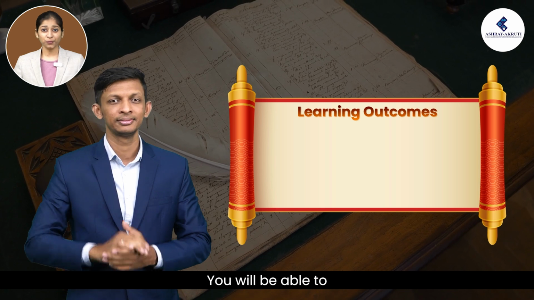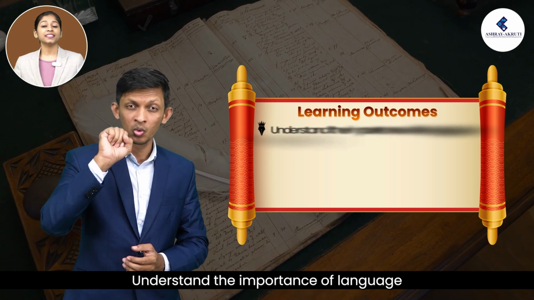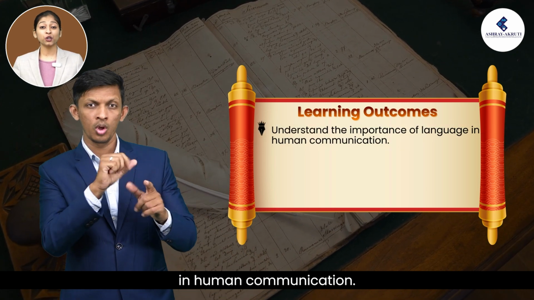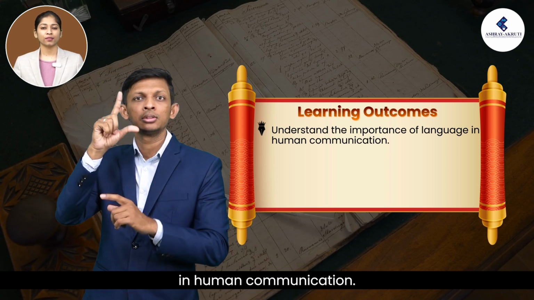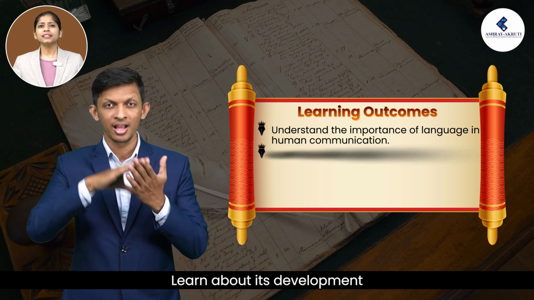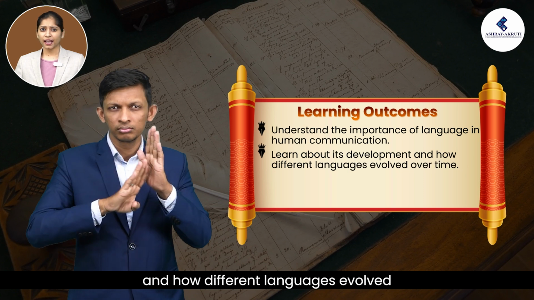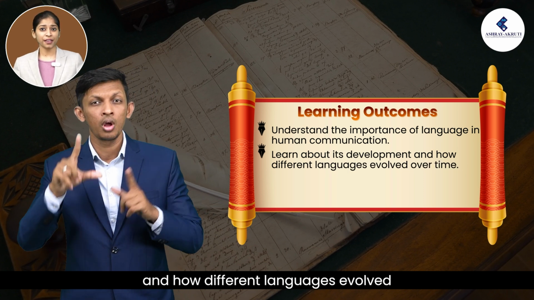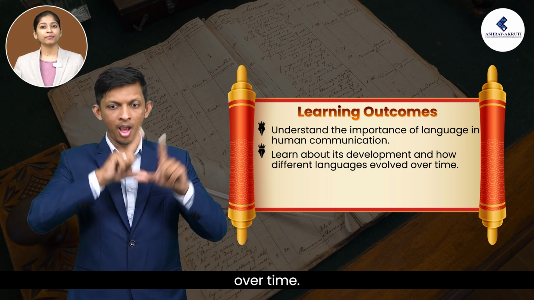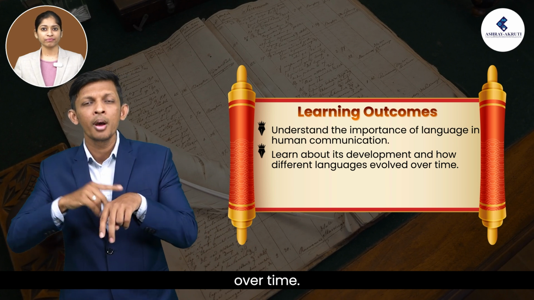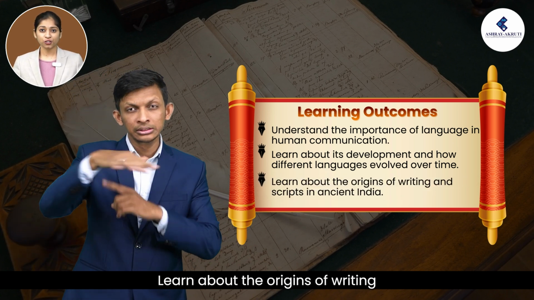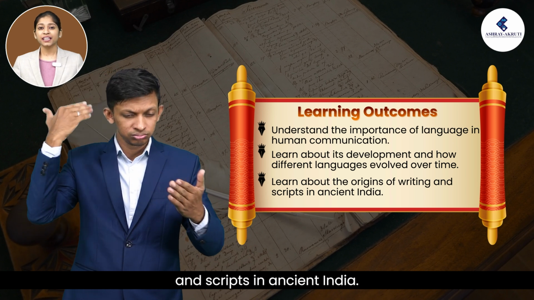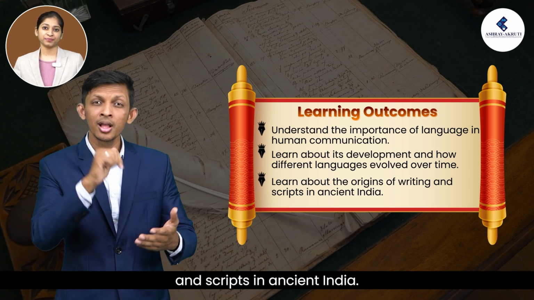You will be able to understand the importance of language in human communication. Learn about its development and how different languages evolved over time. Learn about the origins of writing and scripts in ancient India.